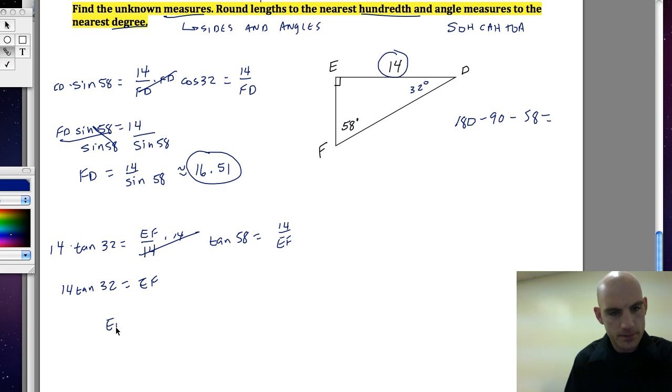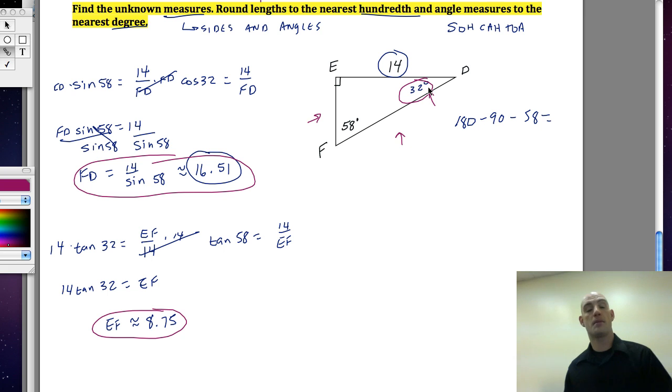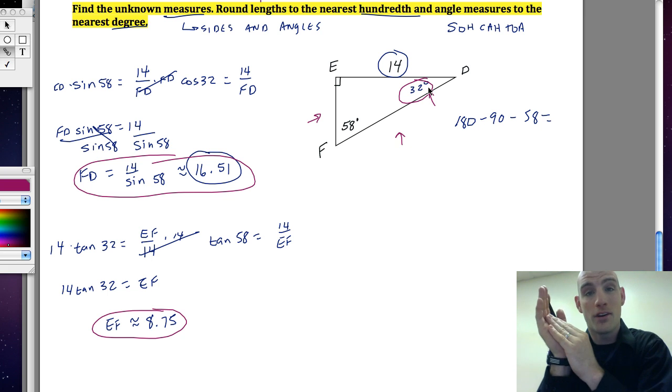So EF rounded is 8.75. Notice what I found. EF, FD, and this angle, which were the 1, 2, 3 pieces that were missing. That's how you solve for the missing pieces of a right triangle.